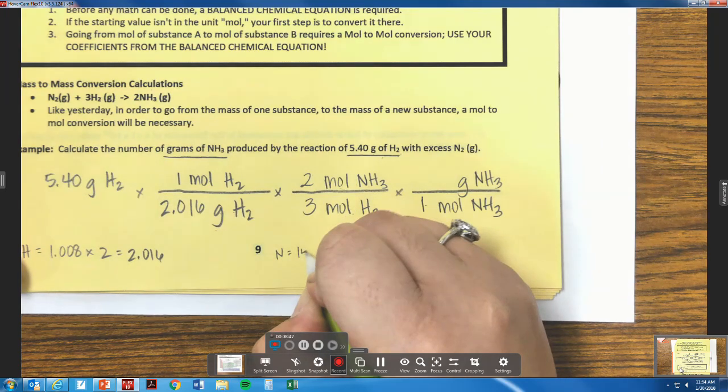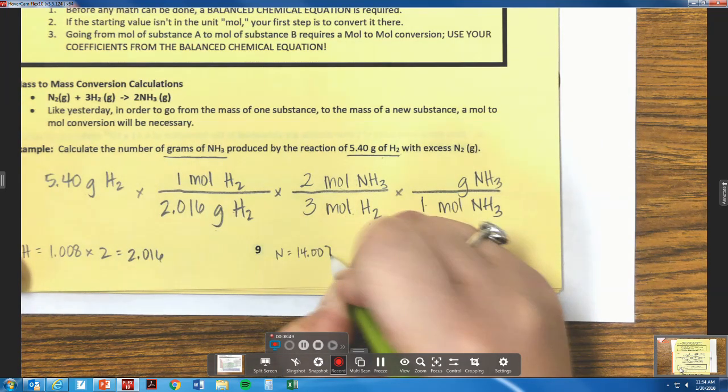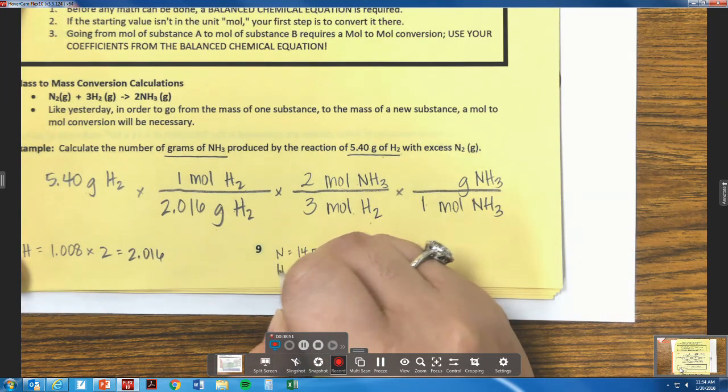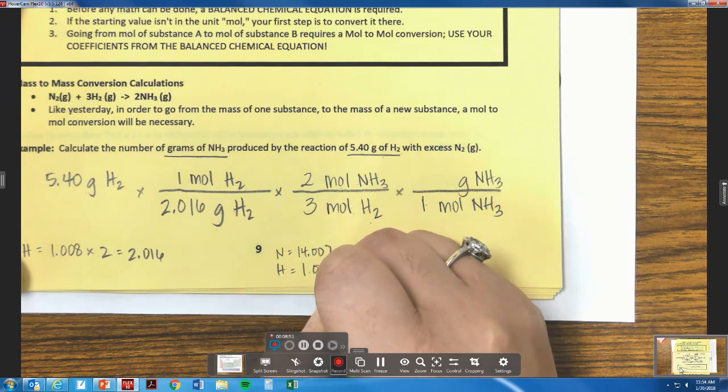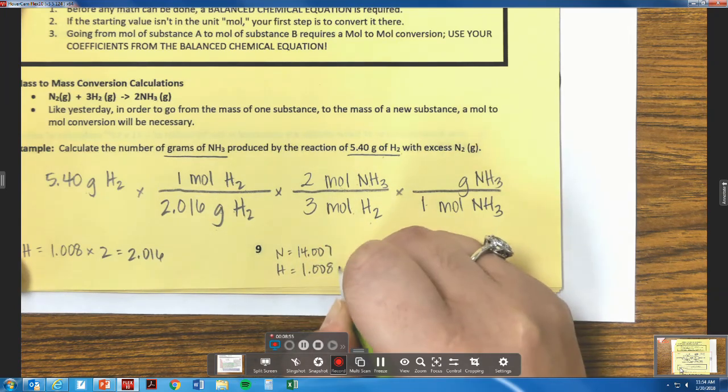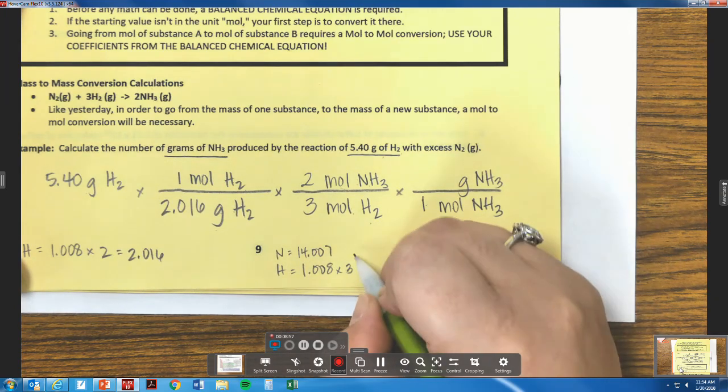Nitrogen is 14.007. Hydrogen is 1.008 times 3, which is 3.024.